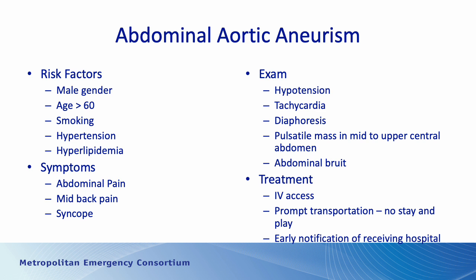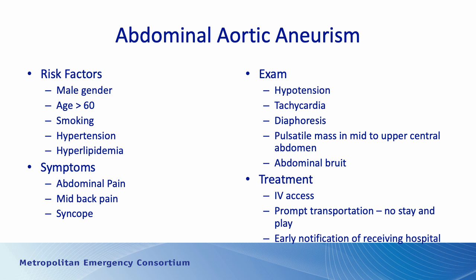These patients can have abdominal pain. It can be severe. It's typically described as being tearing in character. And sometimes if they have an acute rupture, they can have a syncopal episode because they drop their pressure when this thing ruptures. On exam, the patients may be tachycardic or hypotensive. They may be diaphoretic. If you gently palpate their abdomen, you may feel a pulsatile mass in the mid to upper central abdomen.